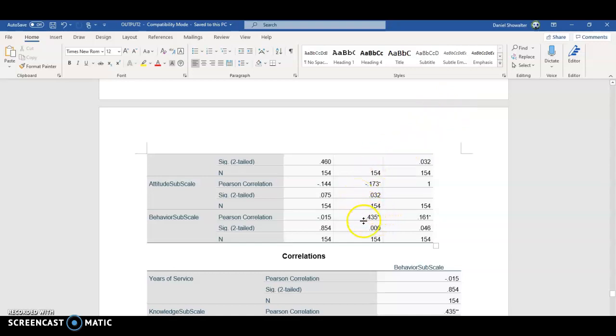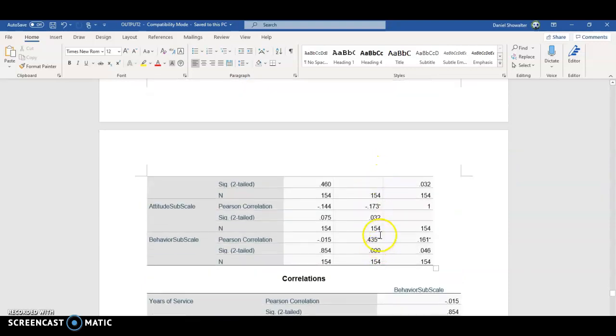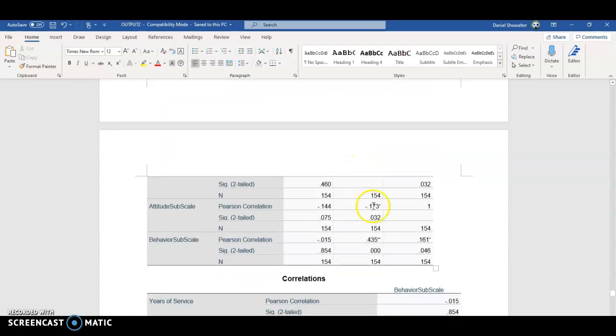It looks like the strongest one we're seeing is behavior and knowledge. So the more they have knowledge about what mobilization does, the more they tend to have positive behavior, or they actually take action about things. They might have a lower attitude, maybe because all that behavior requires time and energy.